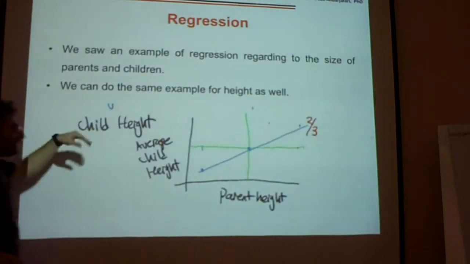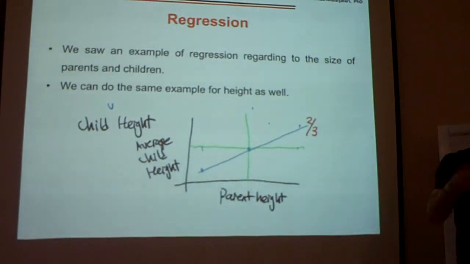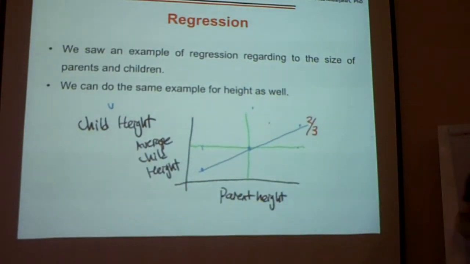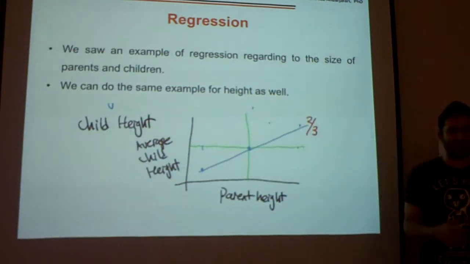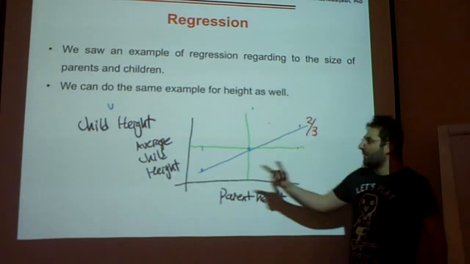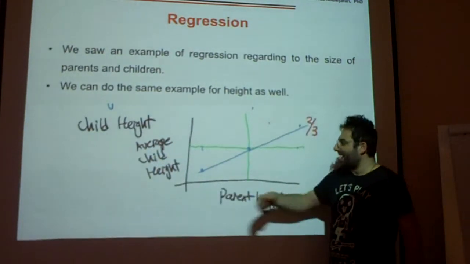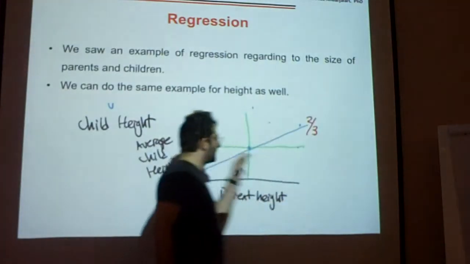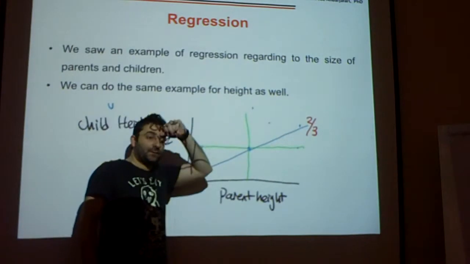Now, we can consider another example, because with the size, there are lots of other factors, such as whether McDonald's produces a very nice menu or not, which can affect the size of people. But let's consider the height, and assume that this green line is the average height of the people.